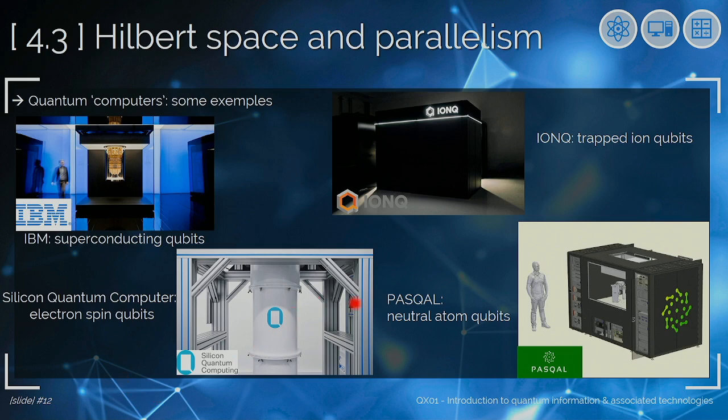And in France, there is also, for instance, a company called Pasqal, which is trying to make qubits out of what we call neutral atoms, as opposed to the trapped ions, which are charged atoms, and see how we can make a computer out of this. Those are just examples. I have no particular interest in these. I just want to give you some examples of companies that are actively working on trying to make a quantum computer out of different technologies.